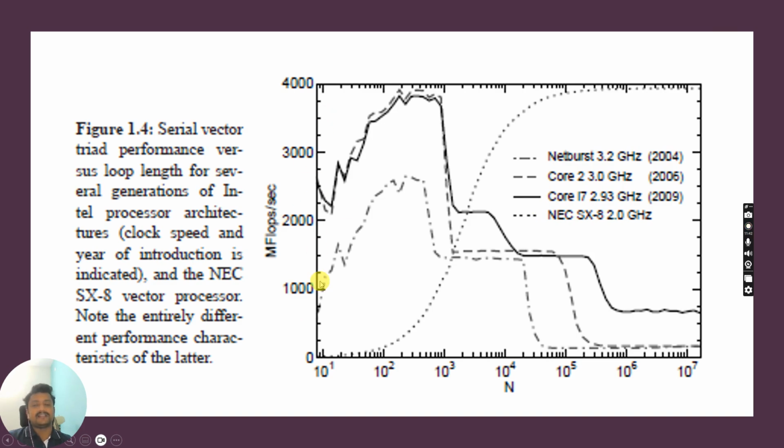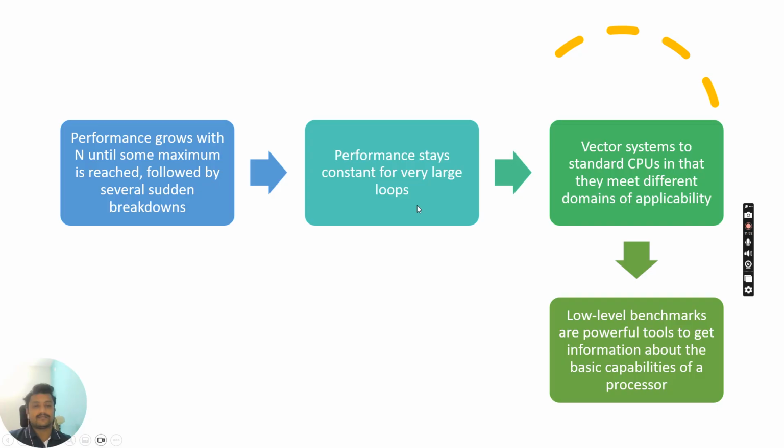and we will be measuring the particular MFLOPS per second based on the N trials starting from 10 to the power 1 to 10 to the power 7. Now we will be having a performance growth with N until some maximum limit followed by a sudden drop.